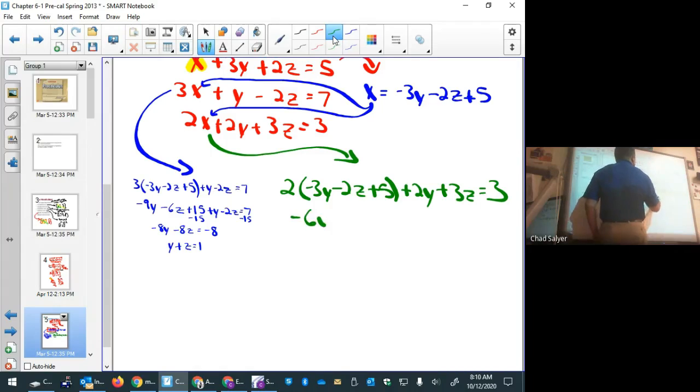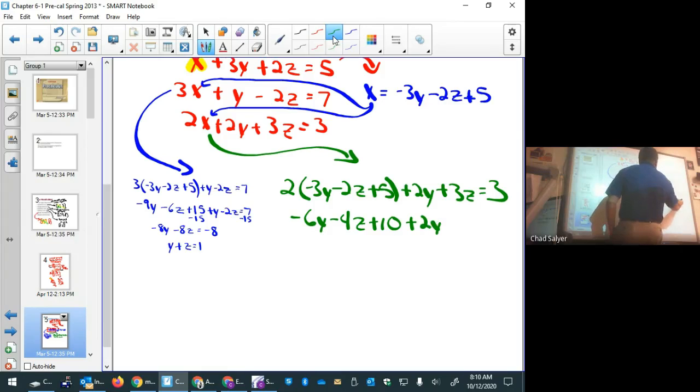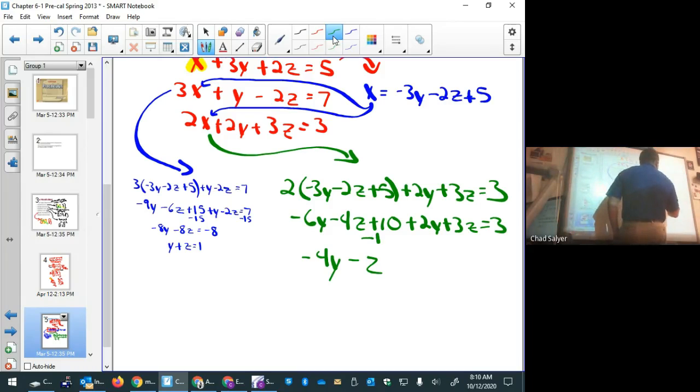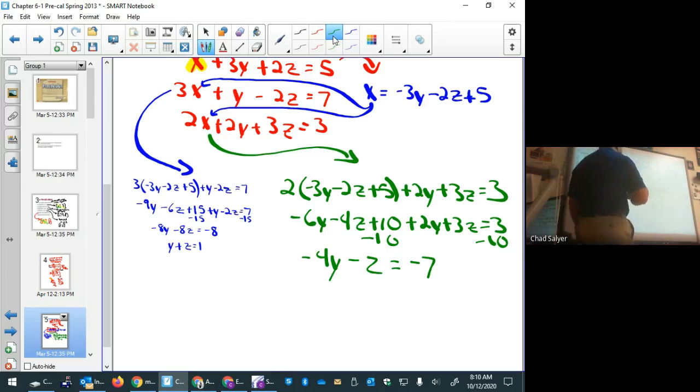Distribute here: negative 6y minus 4z plus 10 plus 2y plus 3z equals 3. Combine our like terms. Minus 6y and plus 2y is minus 4y. Minus 4z and plus 3z is minus z. And then if I subtract 10 from each side, I get negative 7.